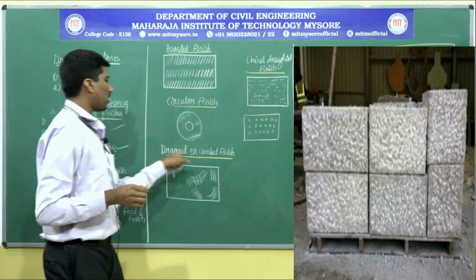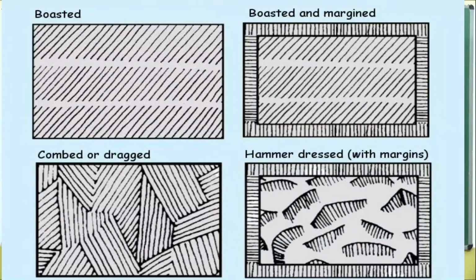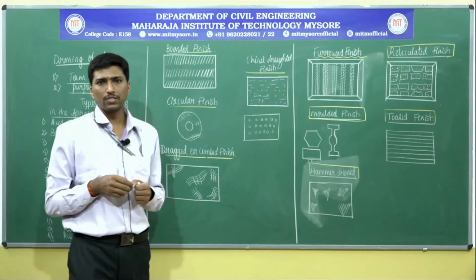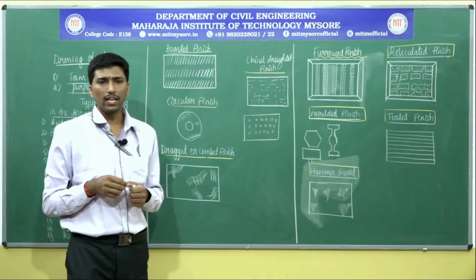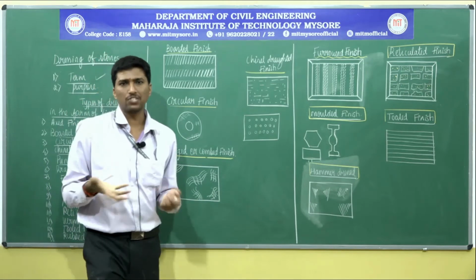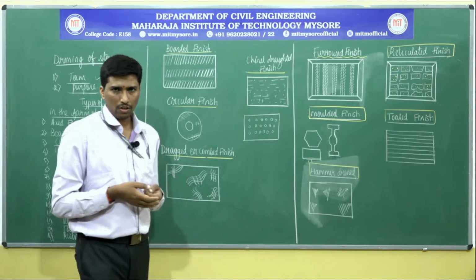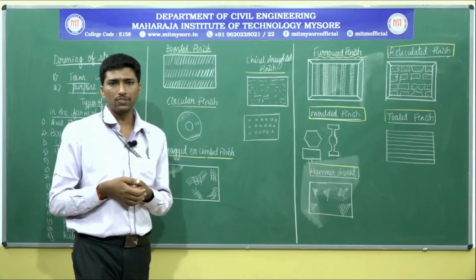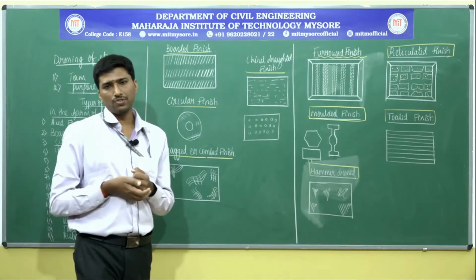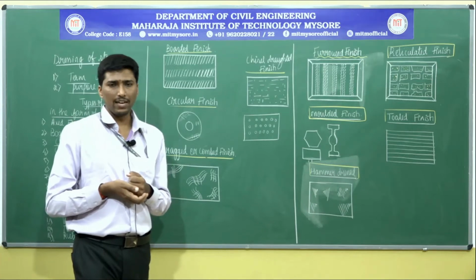Next, dragged or combed type of finish. Dragged or combed type of finish represents where a steel comb is taken, with teeth like a hair comb that you would use, which is plastic in nature. Whereas for rock you need to use one that is completely steel in nature. The teeth are also steel, sharp edged, heavy in nature.